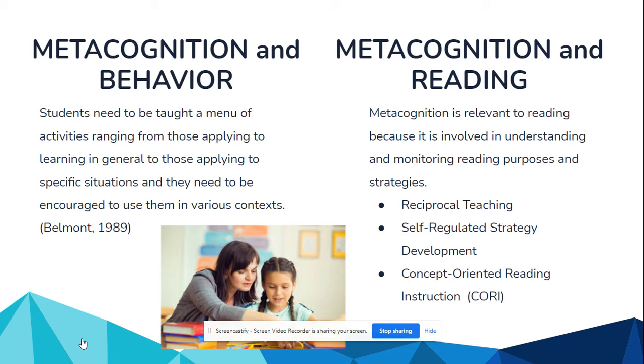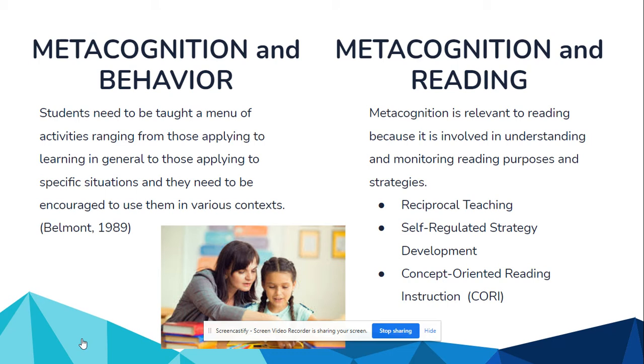Although the what component of learning is important, so are the when, where, and why. Teaching the what without the why can confuse students. Students who know what to do but not when, where, or why may hold low self-efficacy and may not perform well. So that ties in the behavior aspect of metacognition.